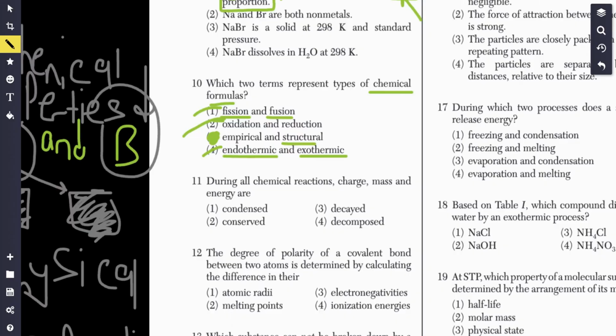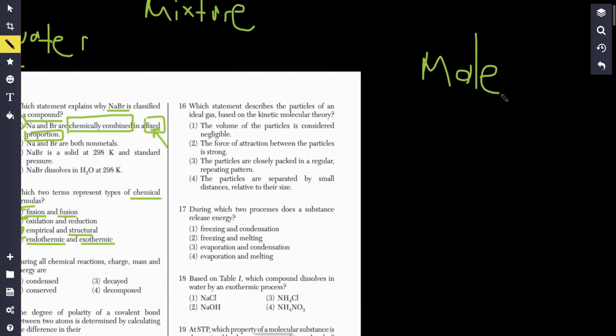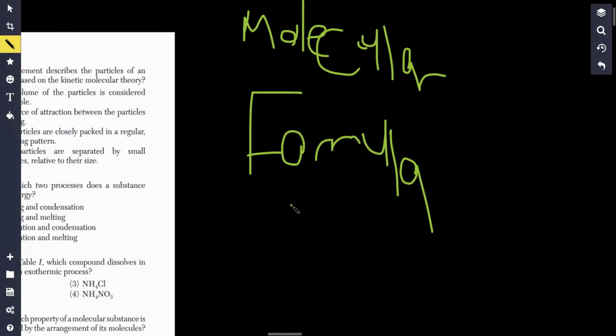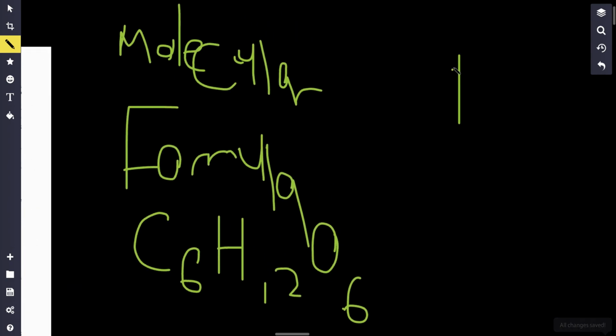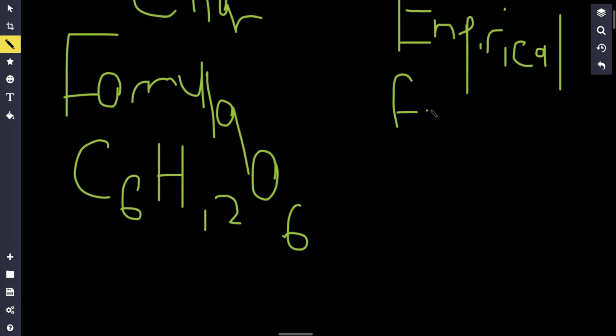Empirical, you can think about it as the simplified version of a molecular formula. So here's what I'm talking about. Let's say we have glucose, C6H12O6. Now, this is the molecular formula for it, right? It shows all the atoms in glucose.